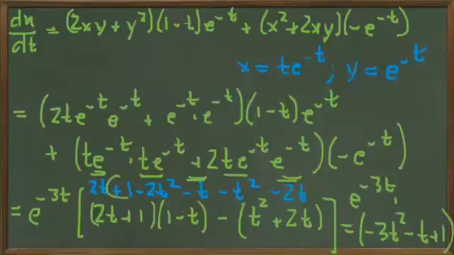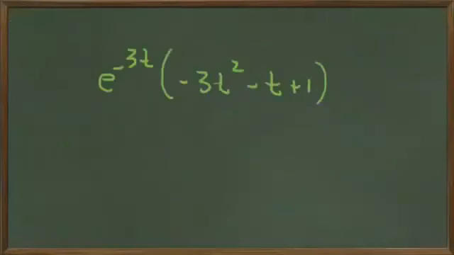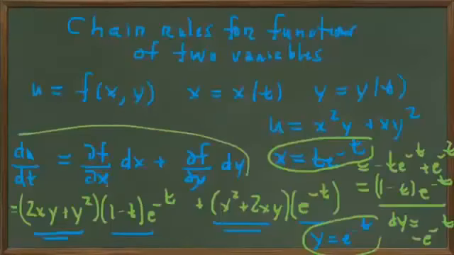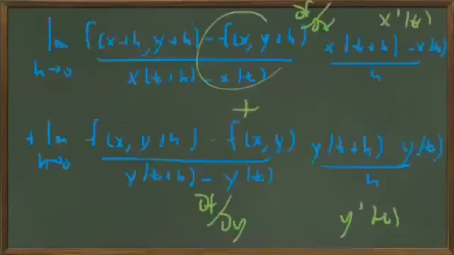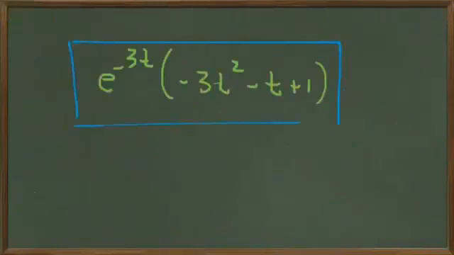So that gives us e to the minus 3t multiplied by minus 3t squared minus t plus 1. So that's the result of this du dt problem. And that concludes this video with this result.